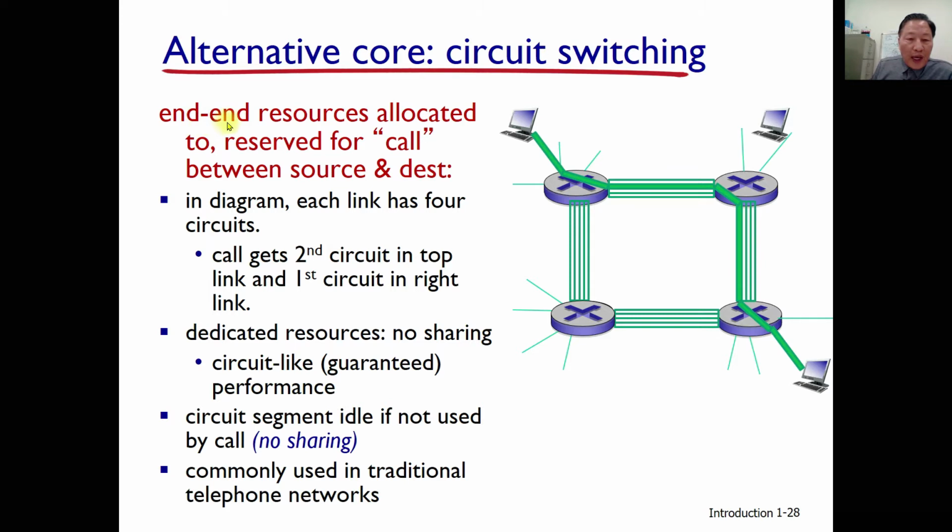This one is end-to-end resources allocated to reserve the call between source and destination. Instead of this computer, let's think about your telephone, because the telephone was the original equipment here. The computer was introduced later. Thus, using that telephone switching infrastructure, we are transmitting computer data through circuit switching.